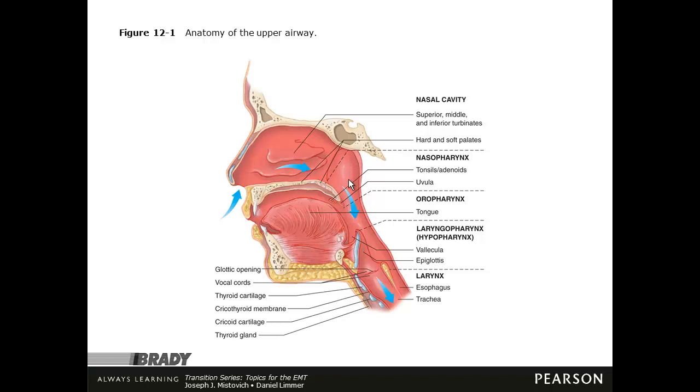Air then passes through the oropharynx behind the tongue, down into the laryngopharynx or hypopharynx, past the epiglottis, and into the trachea through the glottal opening. The epiglottis is that flap that closes when we swallow, preventing food and liquid from entering the trachea. The larynx is the voice box, where the vocal cords vibrate to produce speech.